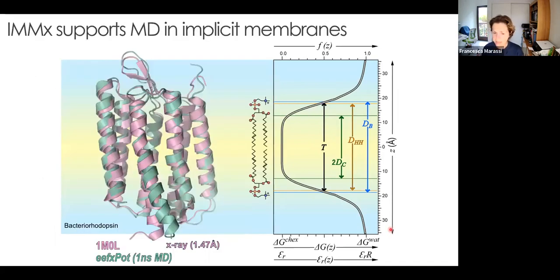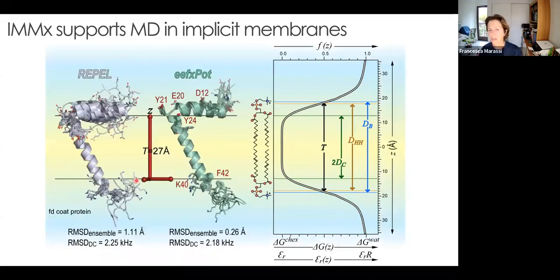Using the system, we first showed that this X-ray structure in pink of bacteriorhodopsin can be embedded in the IMM or EEF function of Explore NIH and can retain not only its structure, but its membrane embedded orientation within it. This is a 1 nanosecond MD simulation within EEF and IMM.